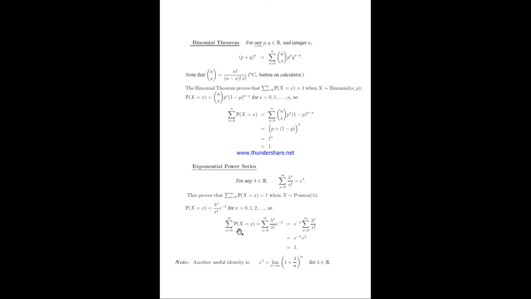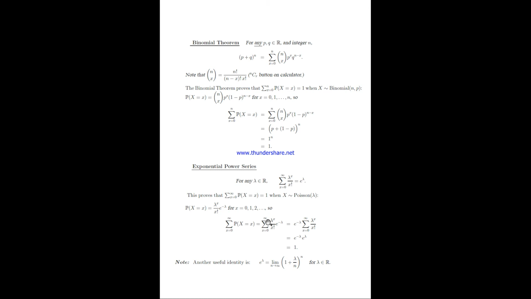So we are interested in the probability where x equals simple x, where x goes from 0 to infinity. And this probability we can replace from the Poisson distribution formula. That is e to power minus lambda, lambda to power x divided by factorial x, where x goes from 0 to infinity.